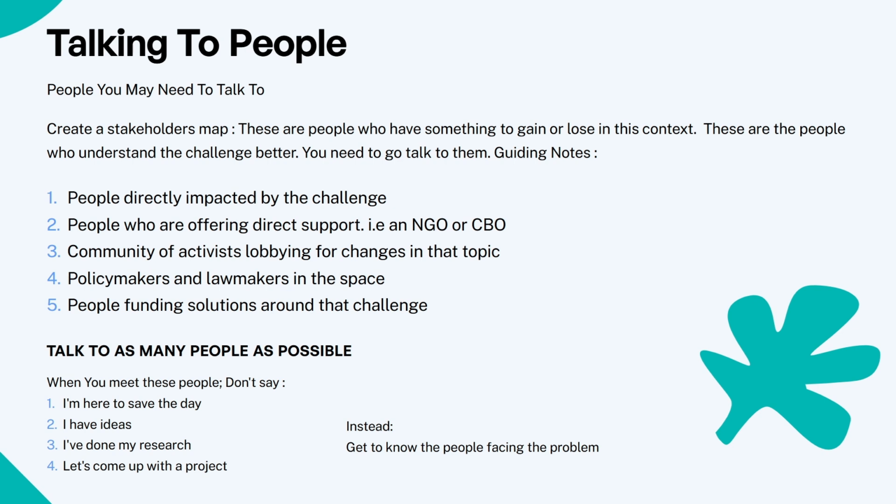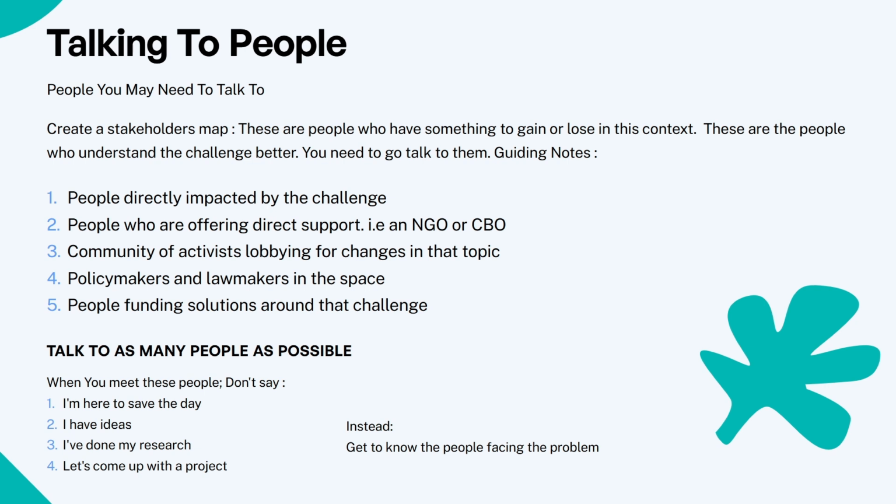They have been doing that for a while now. For them to give their money to solutions that are going to alleviate this problem, it means that they already have their own data, and they are more than willing to talk to people like you who are trying to solve something. So people funding solutions around that challenge are also people you can talk to, right?